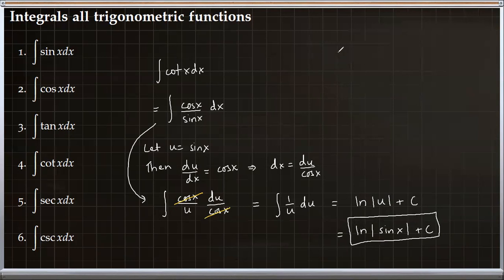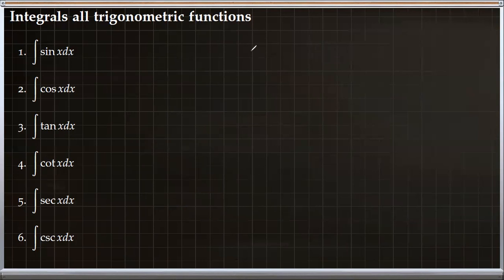Next, let's look at secant of x. So for this one, we will multiply the top and bottom by secant x plus tangent x.